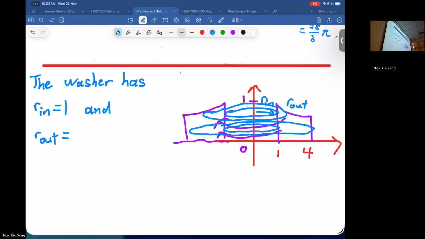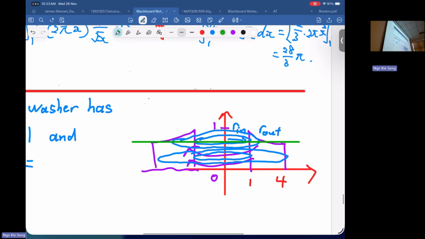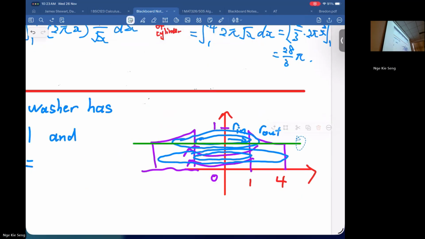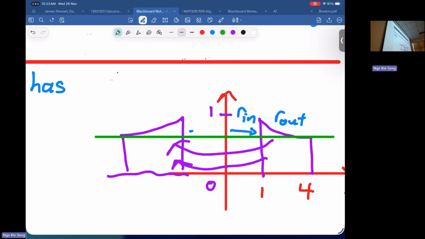Can you notice it? Up here, this line we computed is 1 over 2. Let me use a thinner paper for this. So this is R in. Let's draw it.